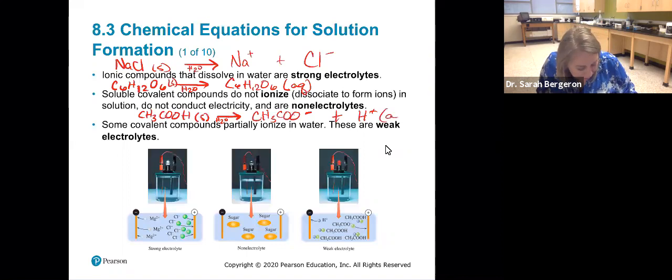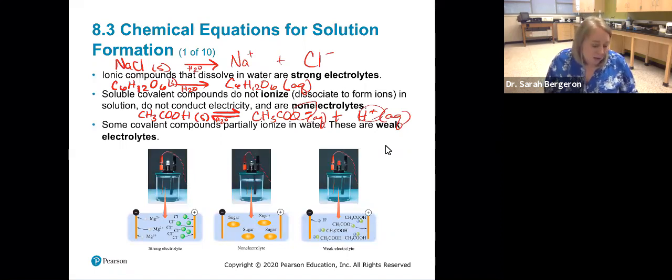We say these are both aqueous because they're in water, but we have a charge, but it doesn't happen all the way. So instead of writing a single arrow, we say a little bit of it ionizes, but a lot of it likes to stay in its original form. So we give it that equilibrium arrow.